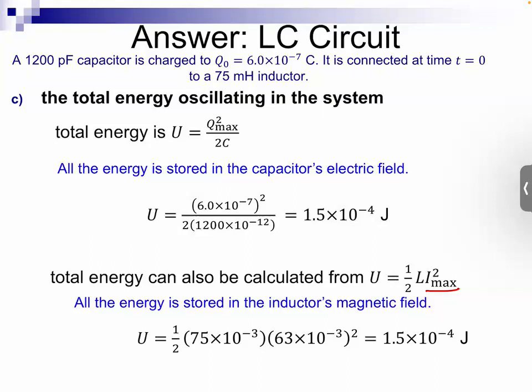Hence, you get the total energy. But what you can see is that you should get the same total energy because energy is conserved. It's either all in the inductor or all in the capacitor, or it's shared between the two devices. Good.